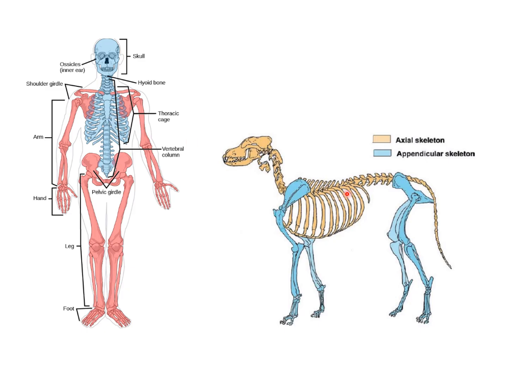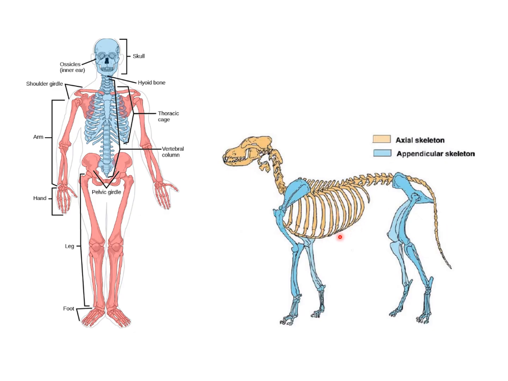Let's look at the animal, and let's look at that of the dog. Just like I said earlier, the skeleton is in parts: the axial skeleton, the yellowish ones, and then the appendicular skeleton, the bluish colored bones. The axial skeleton is made up of the skull, the vertebral column, the ribs, and then the sternum down here.